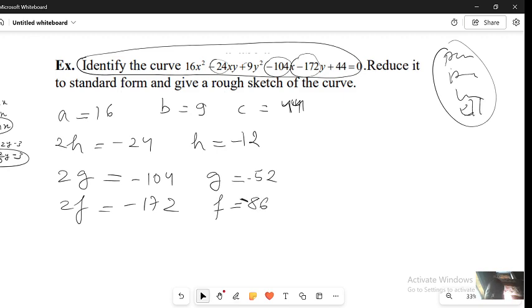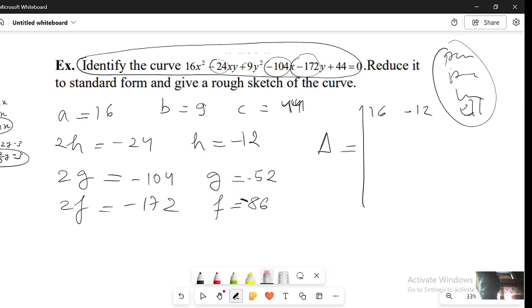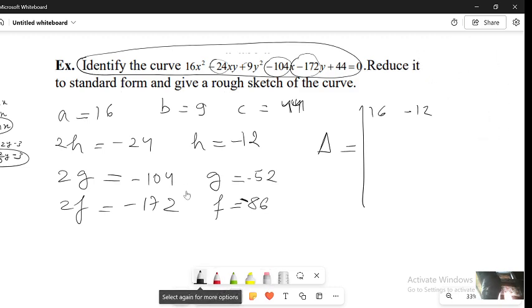Now, if I determine the values of all of them, I can determine the value of delta. What's the value of delta? My A is equal to 16. The value of H is minus 12. The value of G is minus 52. The value of H is minus 12. The value of B is 9. The value of F is minus 86. The value of G is minus 52.